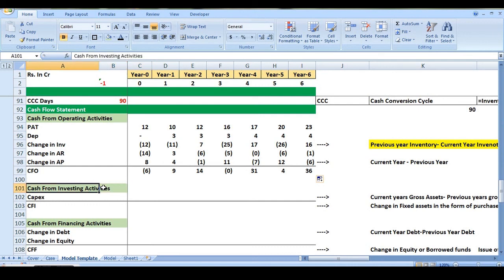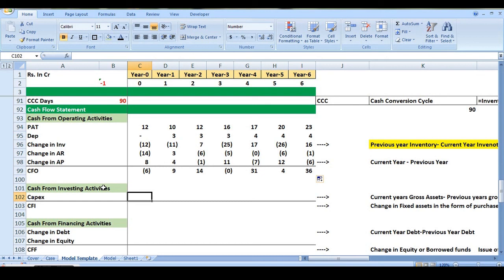Next is cash from investing activities. In case of cash from investing activities, all the changes in purchase and sales of assets or capex are recorded, but only for the current year and not the accumulated figures. So whenever you are recording the cash from investing activities through purchase or sale or capex, the basic formula that you have to use is current year's gross asset minus previous year's gross asset, because we want to see the purchase, sale or capex changes in it.